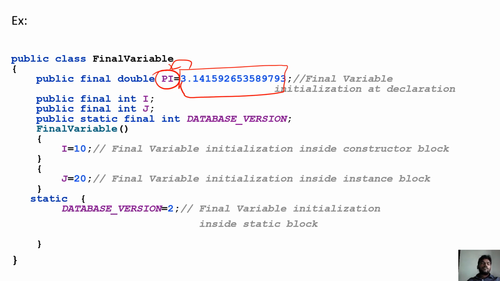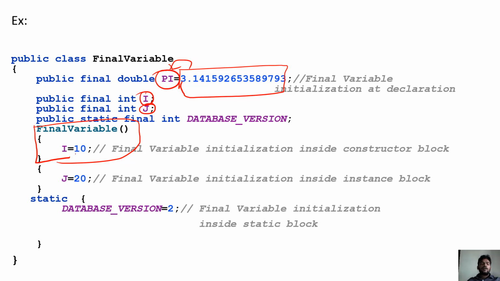Now coming to the second one, here I have declared a variable i, and I have declared one more variable, j. Now I want to initialize the i value. It is possible to use an instance block, or you can use a constructor.